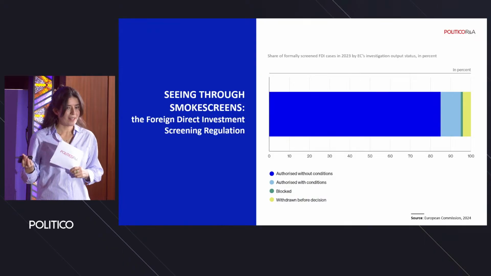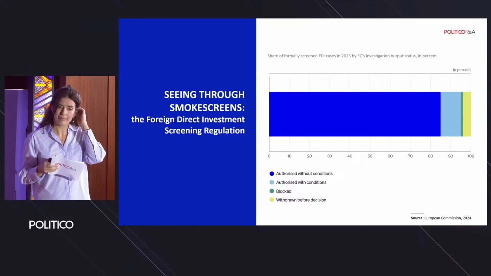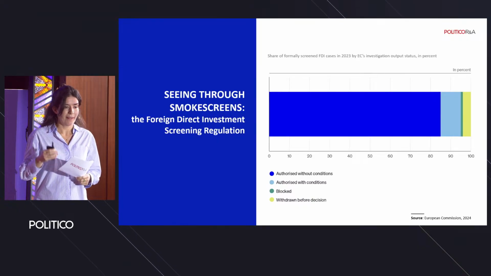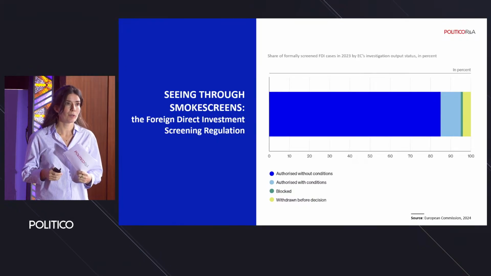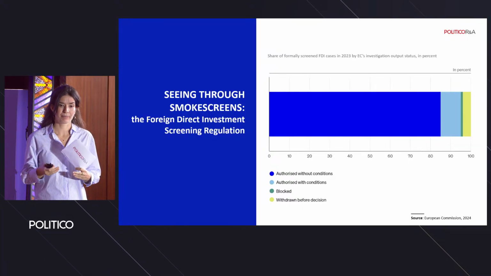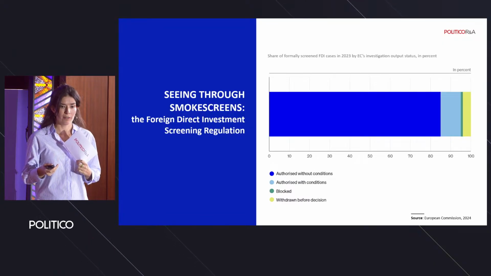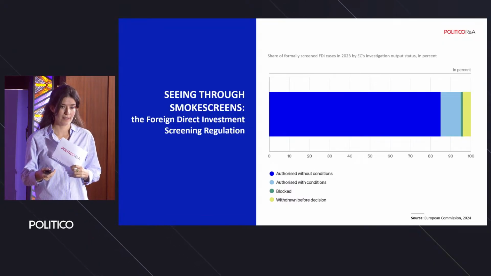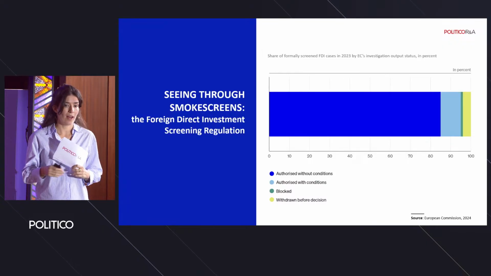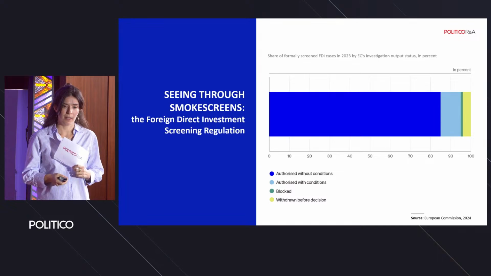So the foreign direct investment screening is a defensive tool, and it was designed to protect the EU from external risk threatening its security. And as you can see, the vast majority of formally screened investment cases are authorized without any conditions, as shown in dark blue on the graph.